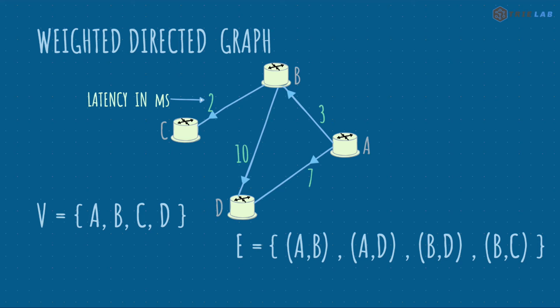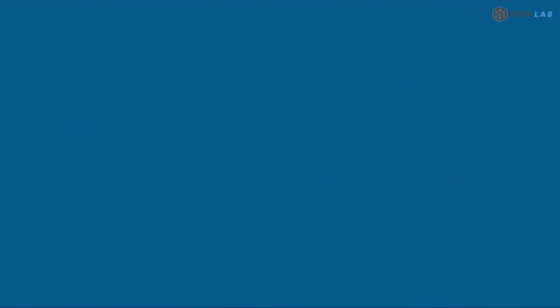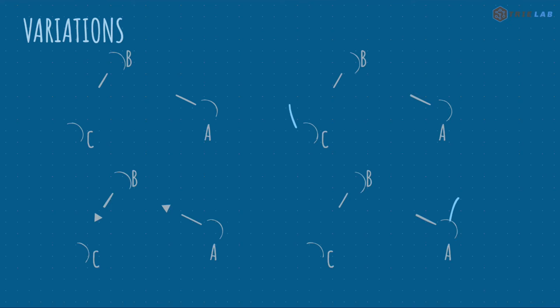For example, if we take the edge a comma b, this denotes that the latency for data transfer from A to B is 3 milliseconds. We can actually use this to find out the data transfer latency between A and C by just summing up the weights.